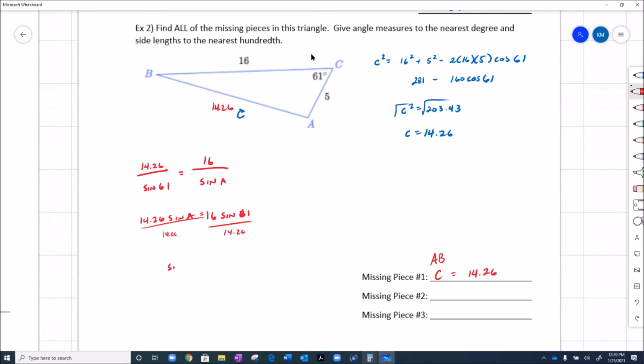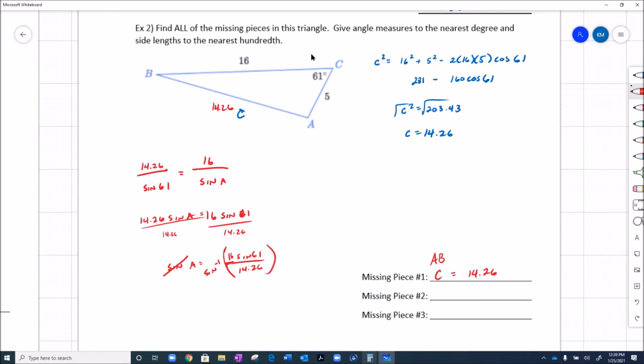So I have sine A equals 16 sine 61 over 14.26. Okay, and to get A all the way by itself, I'm going to have to use inverse sine. A little slow here. All right, 16.